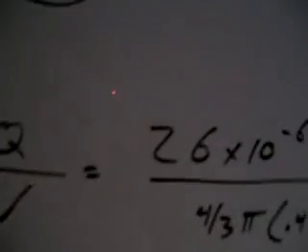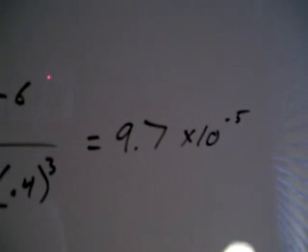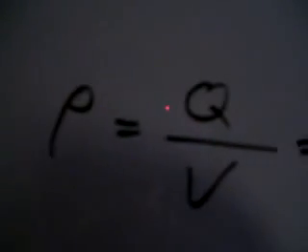Since that density is going to be the same everywhere in the sphere, because it's uniformly distributed, we can use this very same relation, except now we're solving for Q. We want to know what Q is when the volume is 4/3 pi, and in this case the radius is going to be our 0.1, so 0.1 cubed.